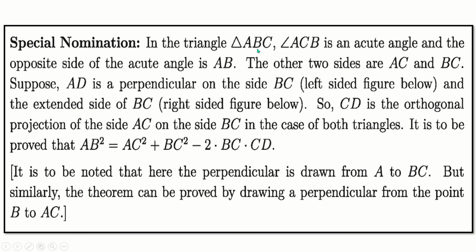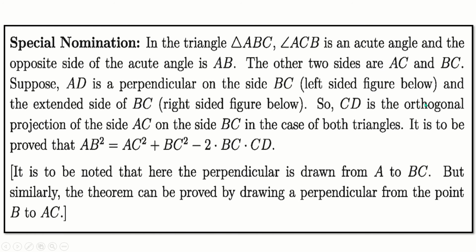ABC is a triangle in which angle C, that means ACB, is an acute angle and the opposite side of the acute angle is AB. The other two sides are AC and BC. Suppose AD is perpendicular on the side BC. The left side figure is given below and above, and the extended side of BC, that means the right side figure given below and also above.